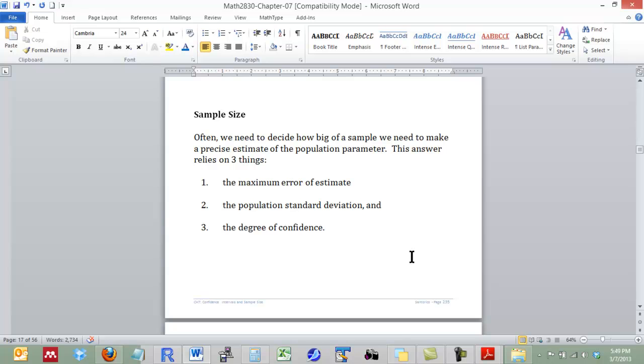We need our maximum error, the level of precision we're looking for. We need an estimate of our population standard deviation, so you'll have some prior knowledge where you say, I know what sigma is. And what level of confidence are you interested in? If you have those three things, you can plan what your sample size needs to be.